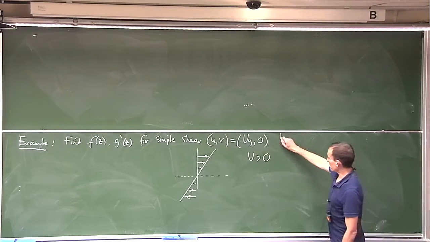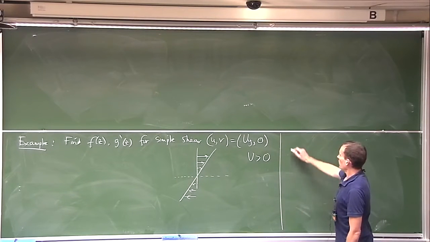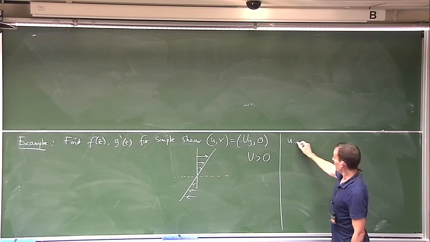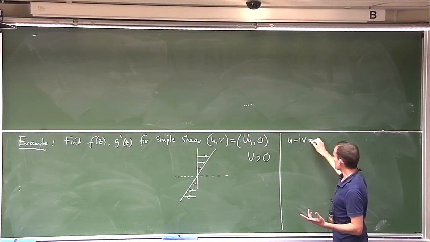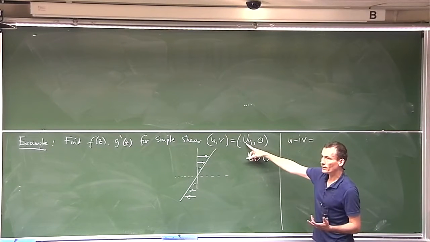Let's do this. What's u minus iv? In this case, u minus iv is u y minus 0.